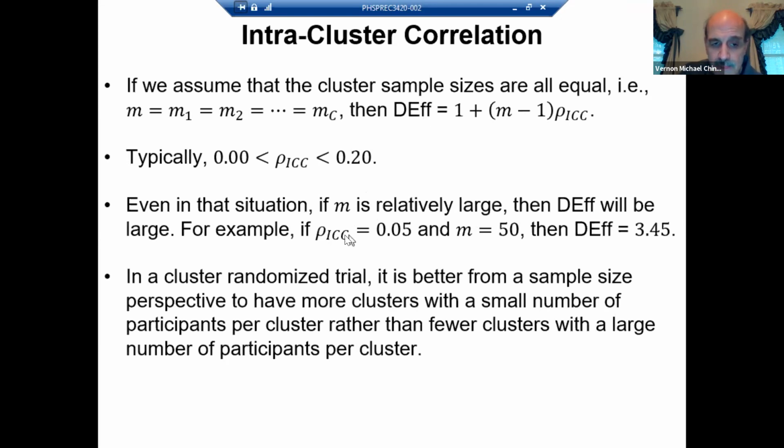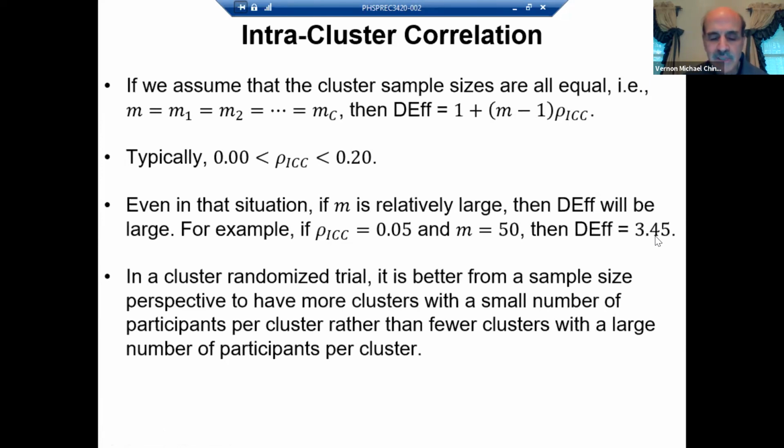So for example, suppose your intra-cluster correlation wasn't too big, it was 0.05. But suppose you were planning on having 50 individuals within each cluster. Well, just doing the basic arithmetic here, you'll get that your design effect is 3.45.